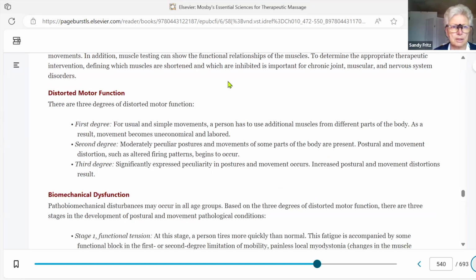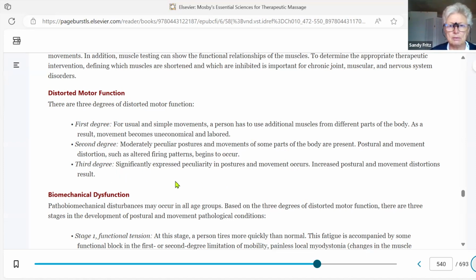interaction. So this is the distorted motor function. For example, in first degree, they start using their synergists more than just for a helping process. They actually are using synergists as the prime mover. In second degree, they're bringing in other parts of the body for stabilization, for example.